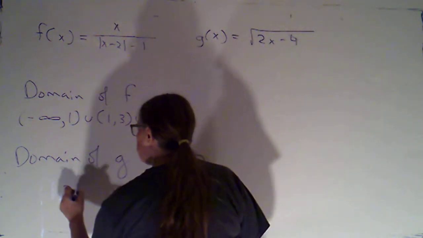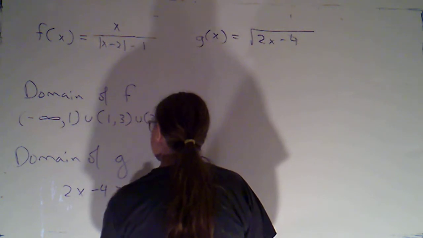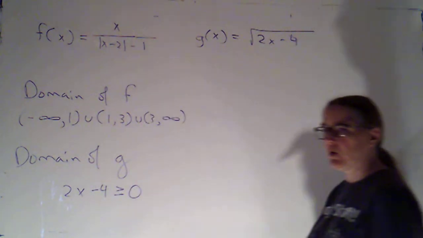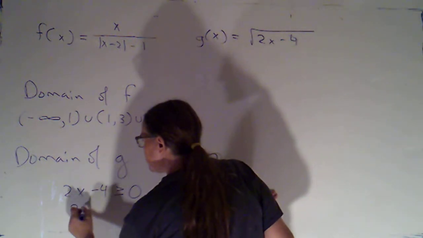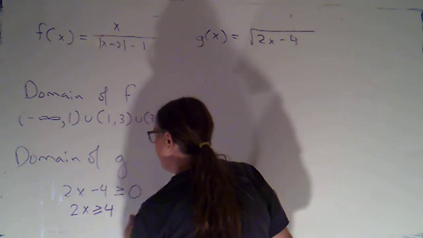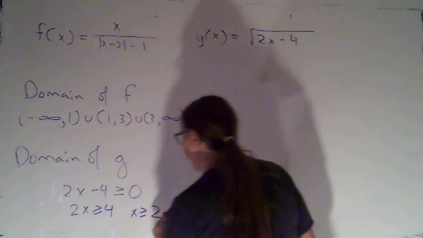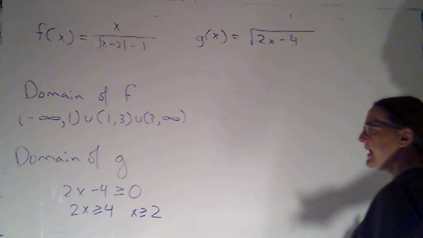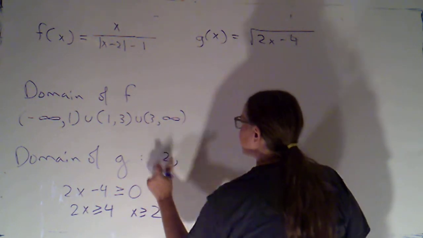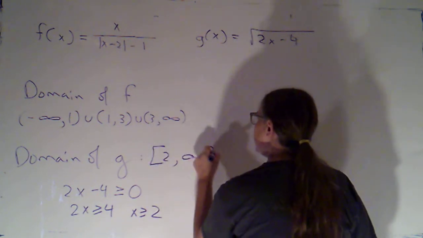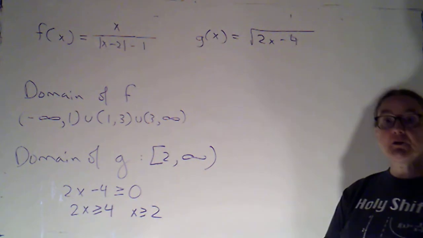So I know that 2x minus 4 has to be bigger than or equal to 0. So that means 2x has to be bigger than or equal to 4, x has to be bigger than or equal to 2. And I can probably go right to the interval notation. That's going to be everything from 2 to infinity, and this time I can include the 2.